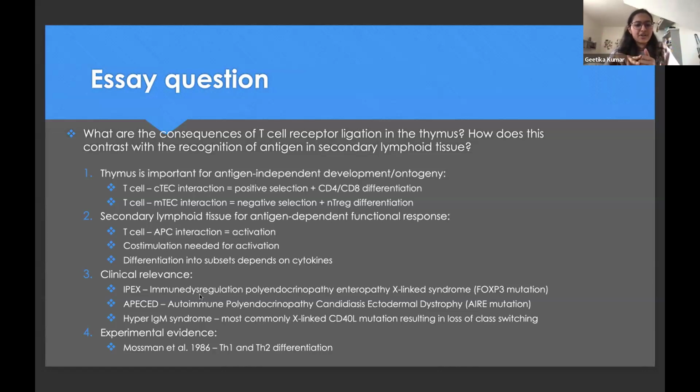Similarly, you have a condition called APECED or APS-1, which is a result of a mutation in the AIRE gene, which we said was the one responsible for the promiscuous self-antigen expression in medullary thymic epithelial cells. When that's mutated, you don't get the central tolerance of T cells, right? And so you'll basically have a lot of autoimmune phenotype.